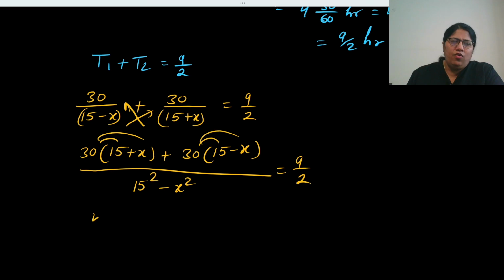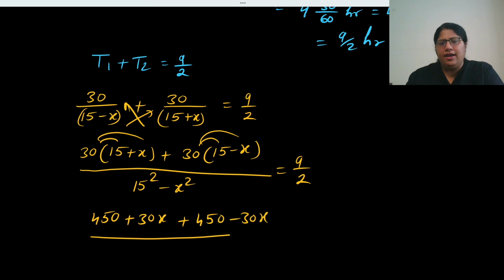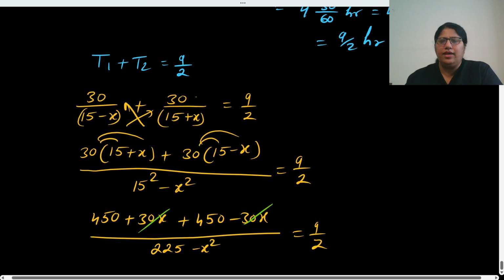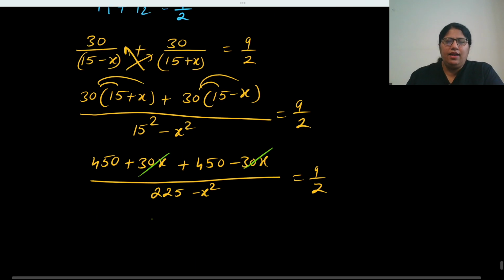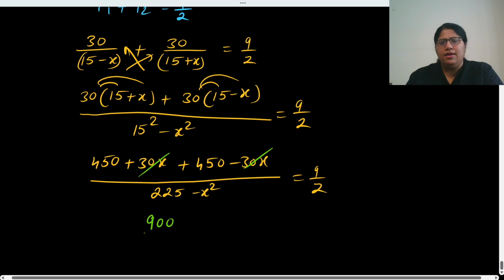It will become 450 plus 30x plus 450 minus 30x, and 15 square is 225 minus x square, equal to 9 by 2. Now if you see here, 30x and 30x get cancelled, and we are left with 900 by 225 minus x square, right? Put it in the bracket.